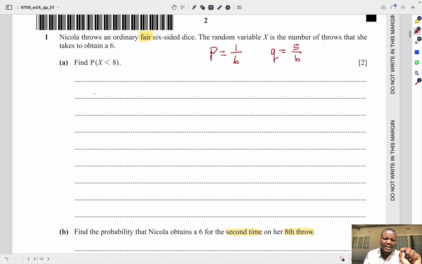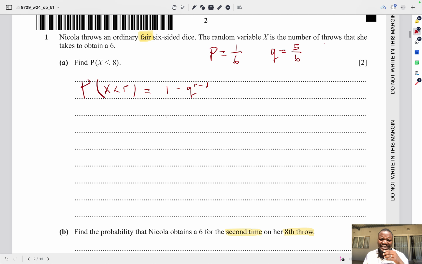And then I'm reminded in the notes that the probability of attaining success in less than r attempts is equal to the formula 1 minus q to the power r minus 1. Very important to remember when we look at geometric distribution and we are looking at when we attain success.